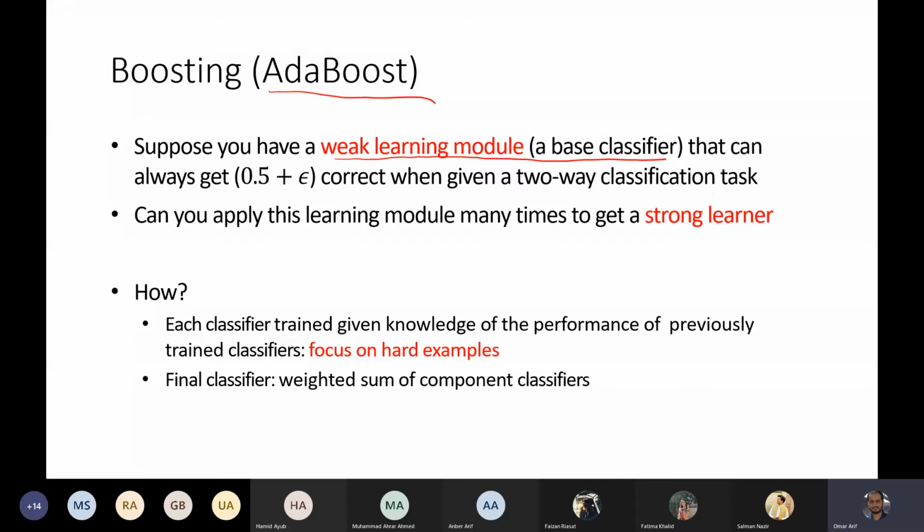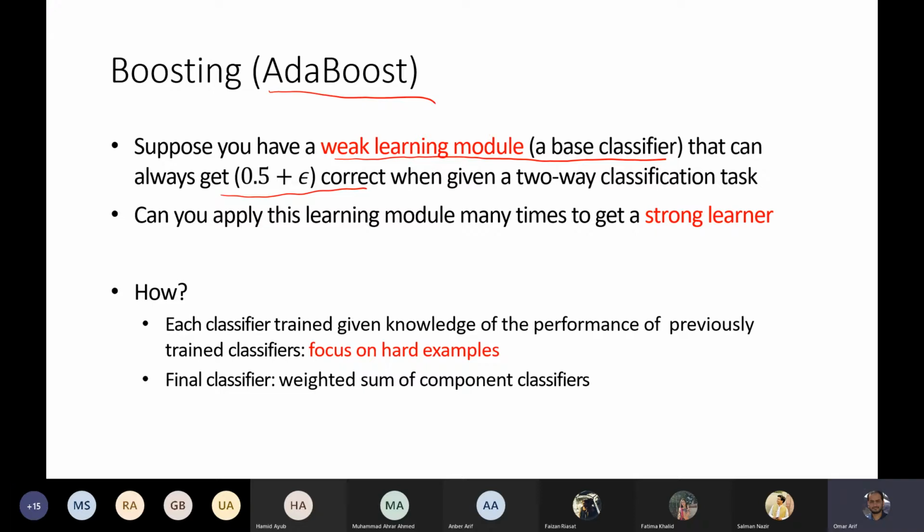Because in the case of AdaBoost or boosting, what we need is a weak classifier which can give us performance better than a random guess. The random guess is 50%, but here what we are saying is that our base classifier should be a little better than the random guess.